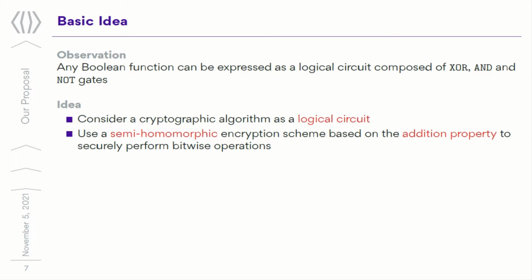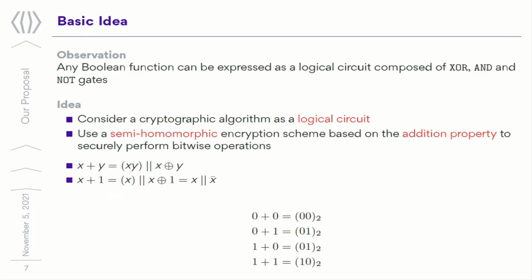to securely perform bitwise operations, because with the semi-homomorphic encryption scheme we are in the ciphertext domain, and with the addition property we can compute logical gates. Indeed, when we add two bits, x and y, the result is the concatenation of the AND of these two bits followed by the XOR of these two bits.